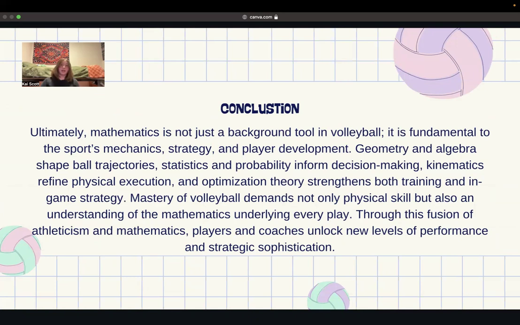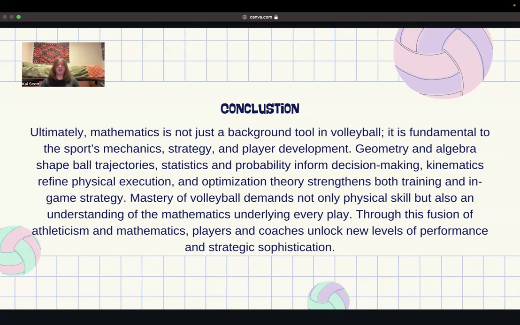Ultimately, mathematics is not just a background tool in volleyball. It is fundamental to the sport's mechanics, strategy, and player development. Geometry and algebra shape ball trajectories, statistics and probability inform decision-making, kinematics refine physical execution, and optimization theory strengthens both training and in-game strategy.